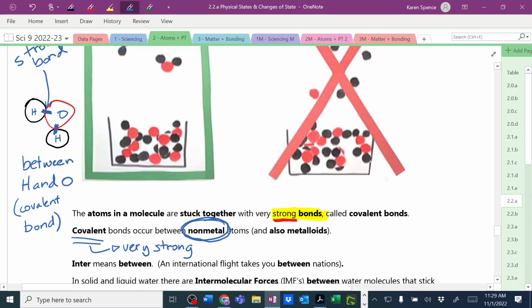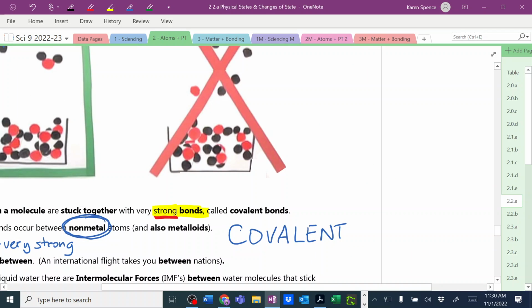So covalent bonds is just non-metal to non-metal. When a metal gets together with a metal, there's a different kind of bond, and that one's really easy to remember because it's called a metallic bond. But when a non-metal is with a non-metal, what do we call it? Covalent. A covalent bond.